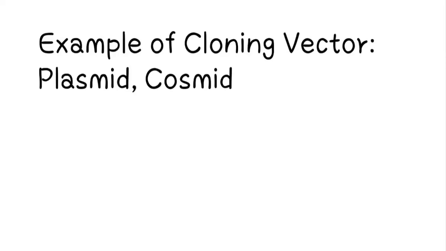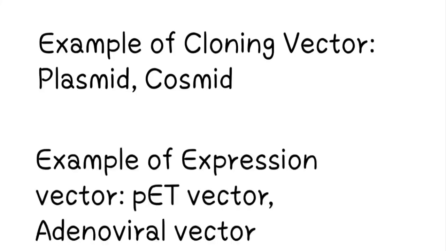So depending upon the size of my gene of interest, I will be using a particular vector. Also, they have different copy numbers. Copy number means how many copies of the gene I will be getting. If I talk about examples of expression vectors, here comes the pET vector, which is a plasmid expression vector, or the adenoviral vector. So mostly in expression vectors, we use viral vectors.